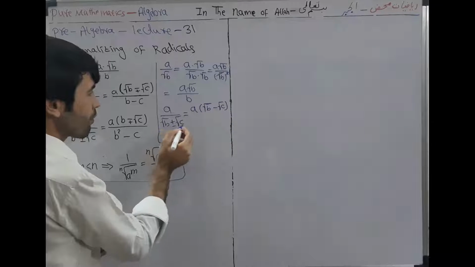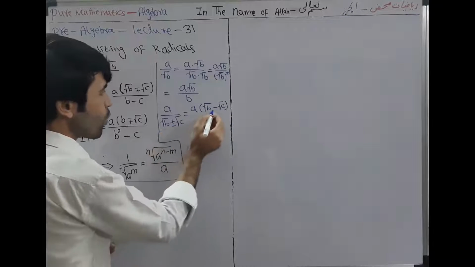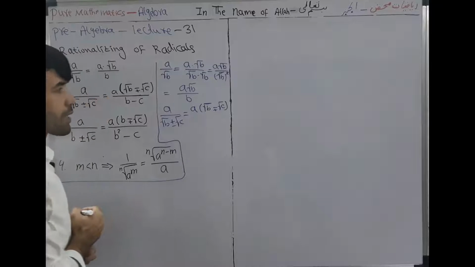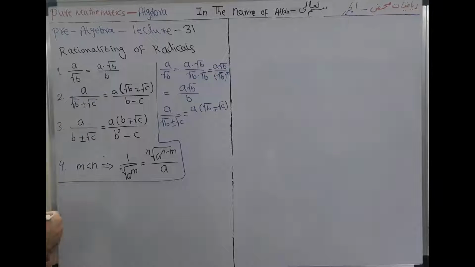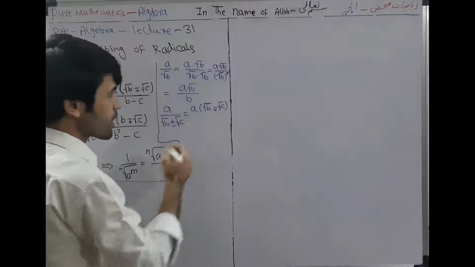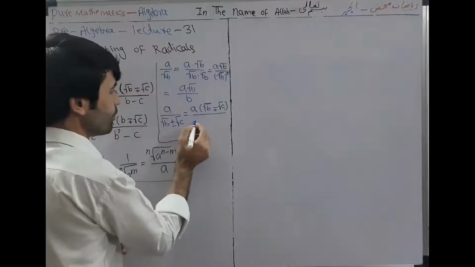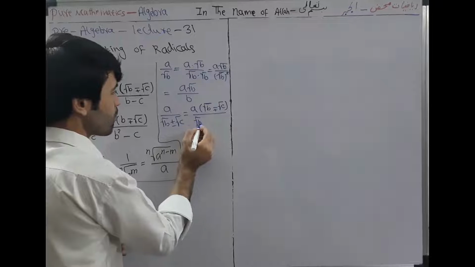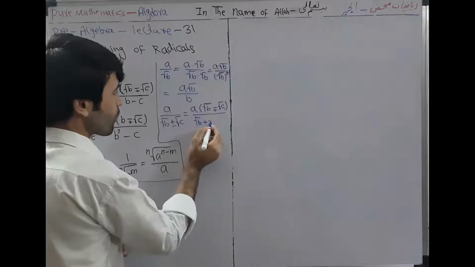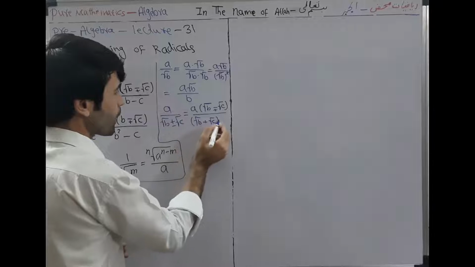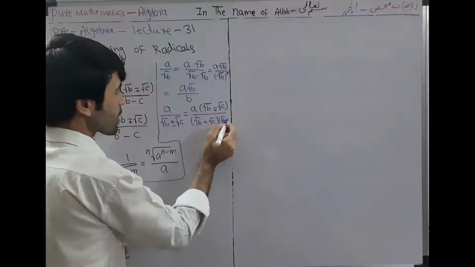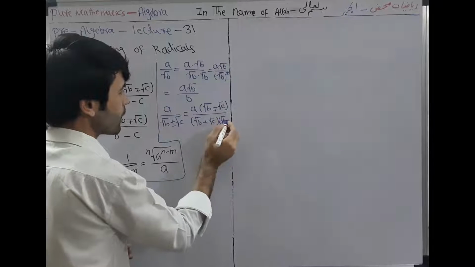If we have minus, we multiply by plus square root of b multiply by square root of c, over square root of b plus square root of c multiplied by square root of b plus minus square root of c.